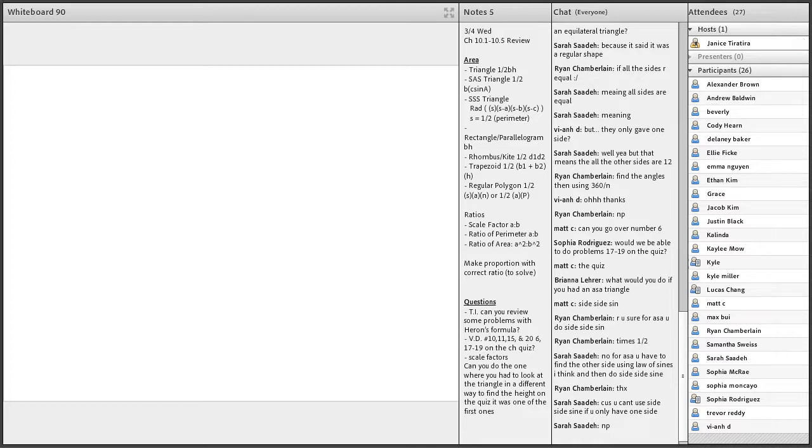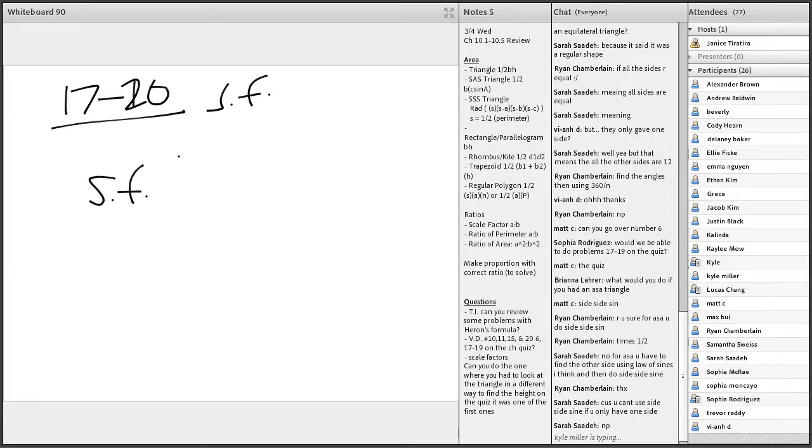Scale factor time. So I'm going to do the quiz ones and I'll make up a couple more other ones. Okay, so 17 to, I don't think I did 20. 17 to 20, these are all scale factor and ratio ones. All right, so scale factor, very important.